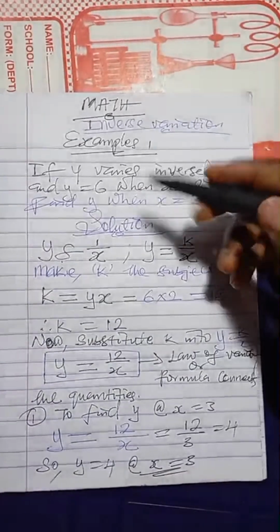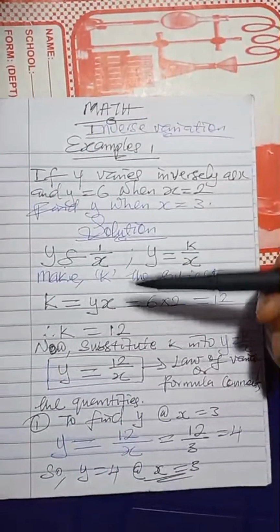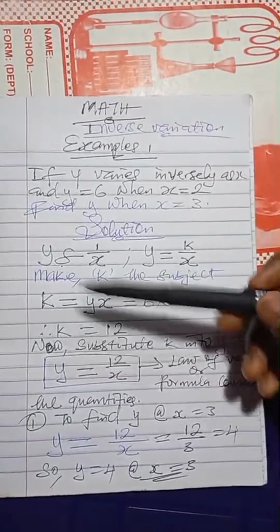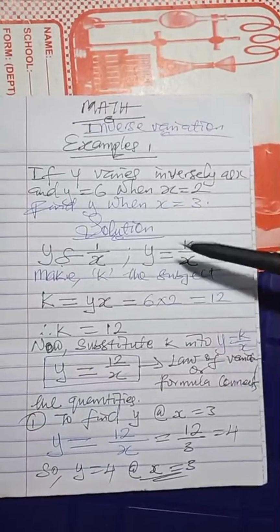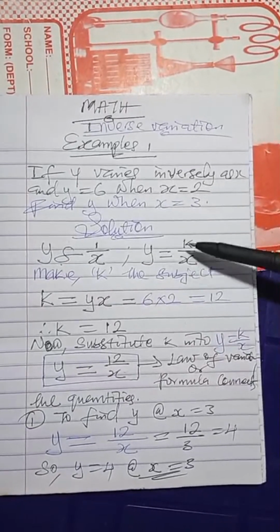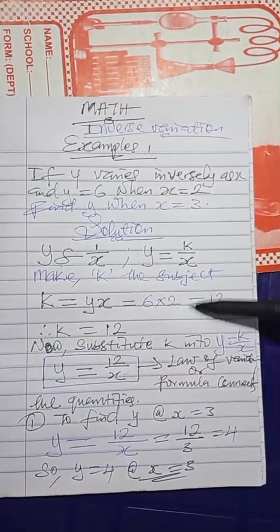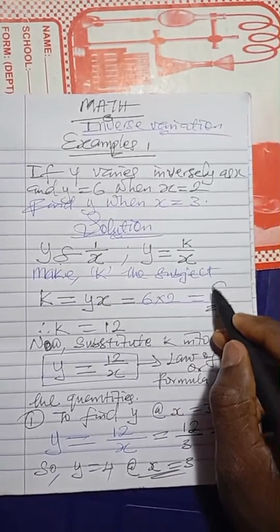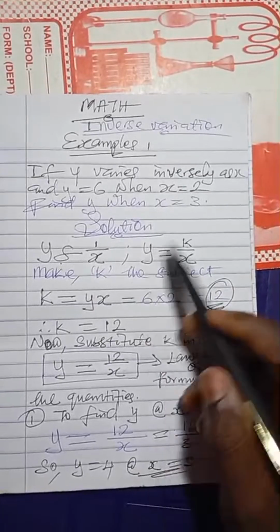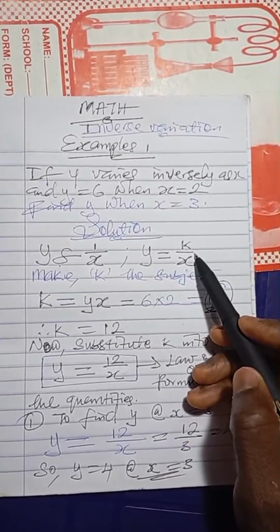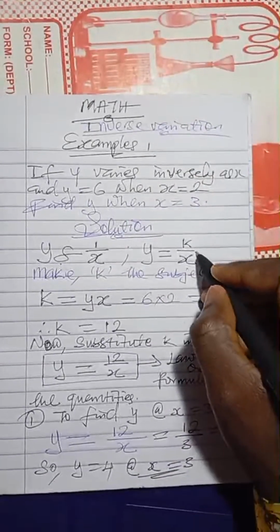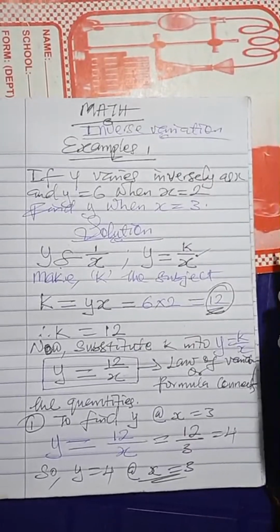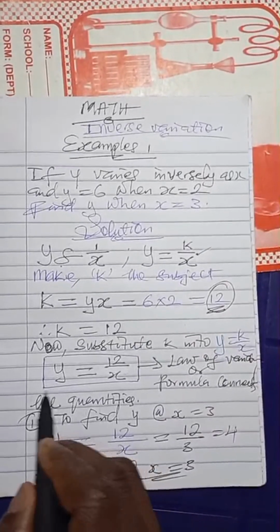That's how to solve it. Like I said, when you have inverse variation, it's a simple thing. Just remove your variation symbol, introduce a constant. Find the value of the constant, which is 12. Substitute it back into y equals k over x, so that you have your relationship.